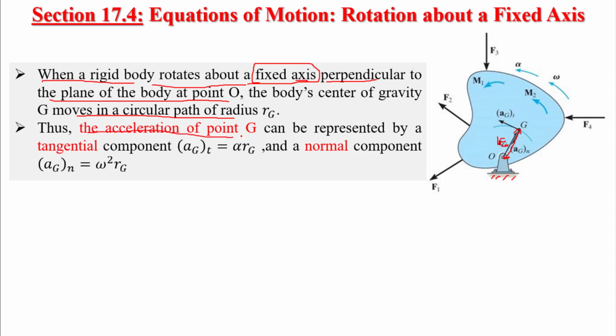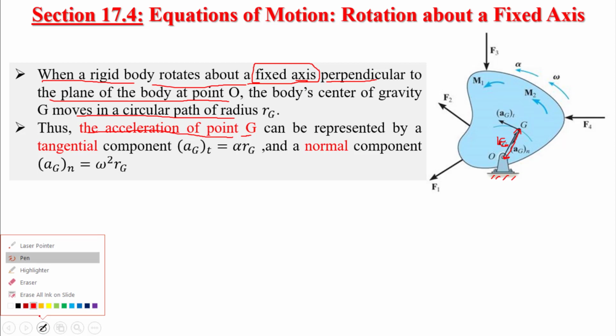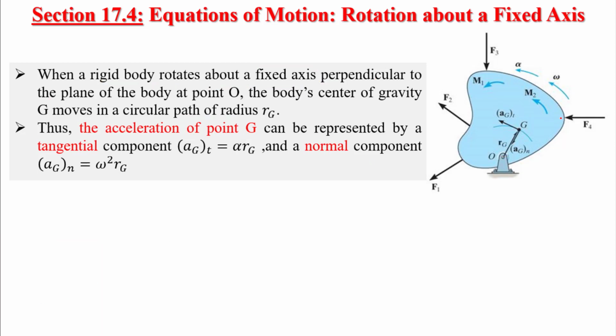Thus the acceleration of point G, because now point G rotates, and any point rotates in a circular path about the fixed point, let us name it O. So this point on this curve has two types of acceleration: tangential in the direction of rotation, so this is the positive direction of tangential acceleration, and we have another component directed toward the point of rotation, and we call it AG in the normal direction. So here we have the tangential direction, and we have the normal direction.